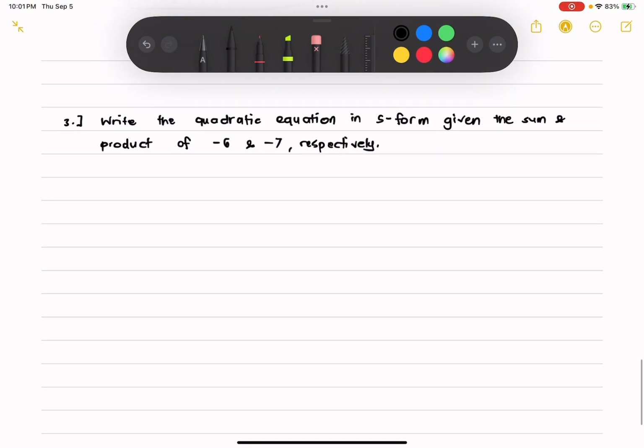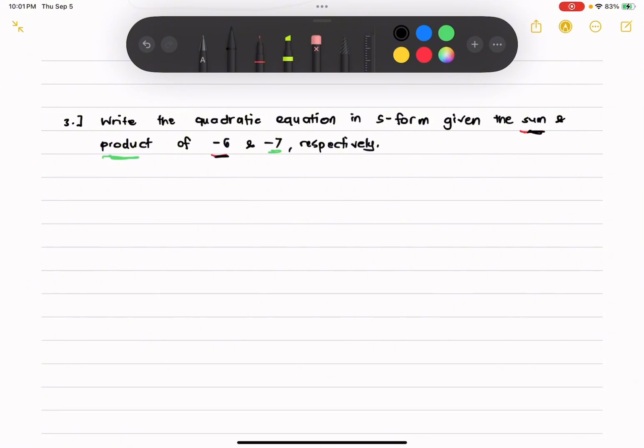Let's have number 3. Write the quadratic equation in standard form given the sum and the product of negative 6 and negative 7 respectively. So that means, ang sum mo dyan is negative 6 at ang product mo is negative 7. So sum and product of the roots ang mga ito, no? Kaya nga may word na respectively, that means kung ano yung nauna na sinabi dito, kung ano yung nauna din na number, yun yung tinutukoy niya.